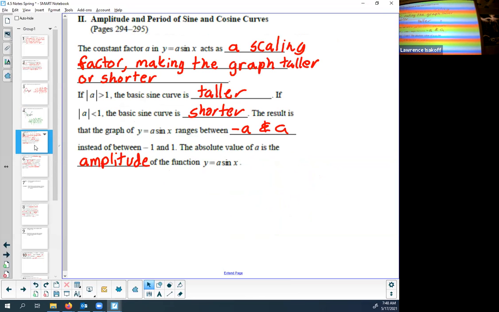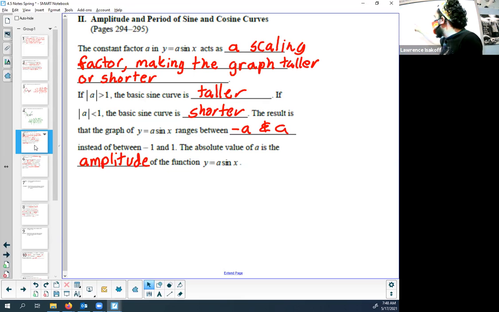So here with this, if I put a number in front, A, it makes it taller or shorter. Basically, it just changes the height if I put something in front. So if the absolute value of A is greater than 1, it makes it taller. If the absolute value is between 0 and 1, it makes it shorter.